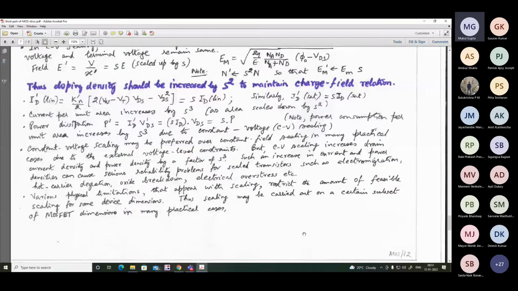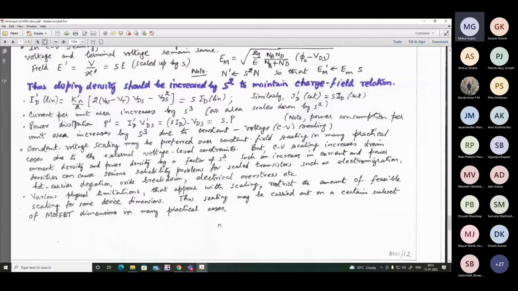But constant voltage scaling has its own undesirable features: power dissipation increase, power density increase, and also second order effects like electromigration, hot carrier degradation, oxide breakdown, electrical overstress, etc. So we have to be careful in applying constant voltage scaling and constant field scaling in distinct segments.